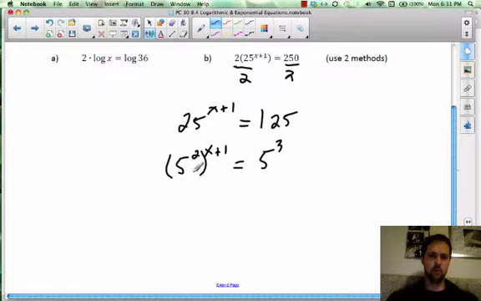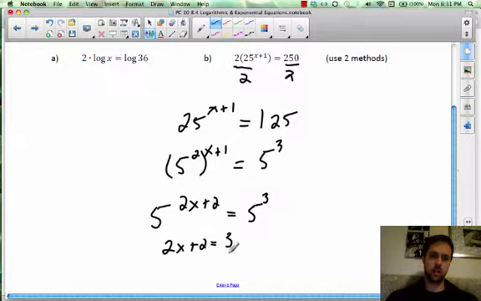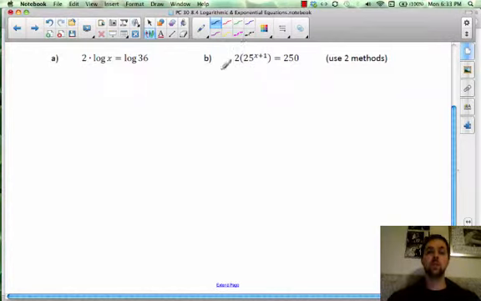Alright, now 5 squared to the x plus 1, we multiply the exponents, so we get 5 to the 2x plus 2 equals 5 cubed, and since our bases are equal, the exponents must be equal as well. 2x plus 2 equals 3, and we're subtracting 2 from both sides, so 2x equals 1, and x equals 1/2.